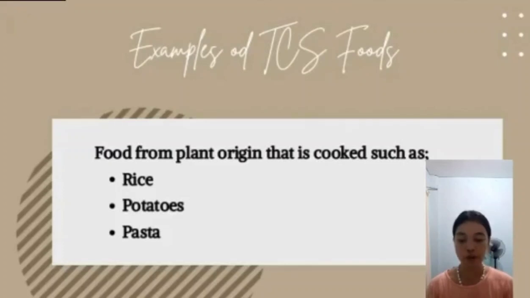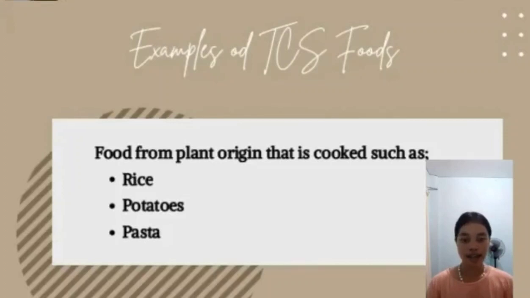The dried form of these foods can be stored at room temperature, but once they are reconstituted and heated, they become susceptible to bacterial growth. So in cooking tips, cook rice to at least 135 degrees Fahrenheit. Cook or reheat any dishes containing this cooked food as an ingredient to at least 165 degrees Fahrenheit.